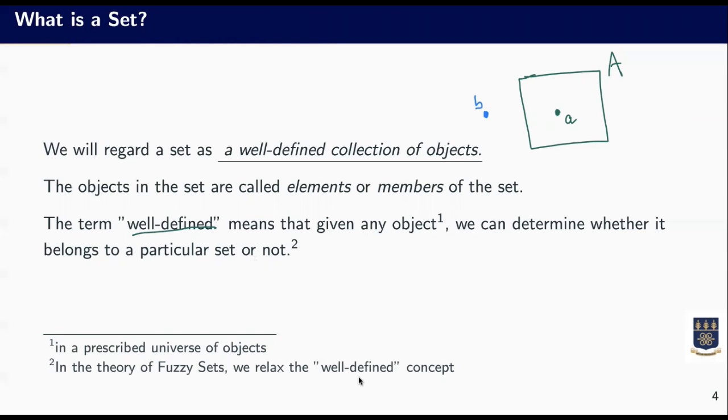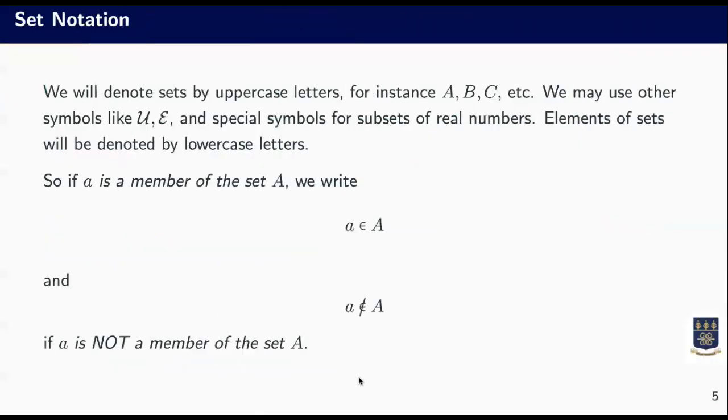There is no middle ground. So we usually would denote sets by uppercase letters. And then usually for large sets like the universal sets, we may use U or E. And then we'll also have special symbols for subsets of real numbers.